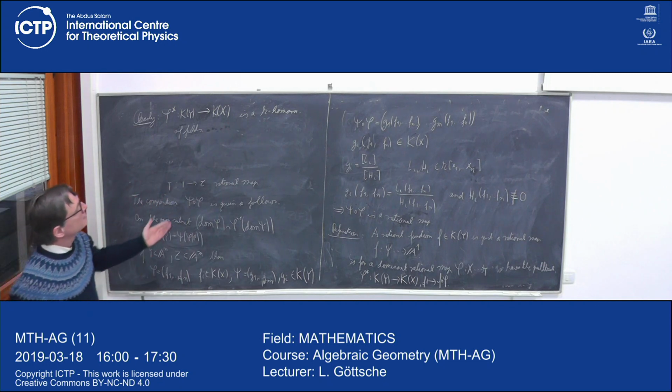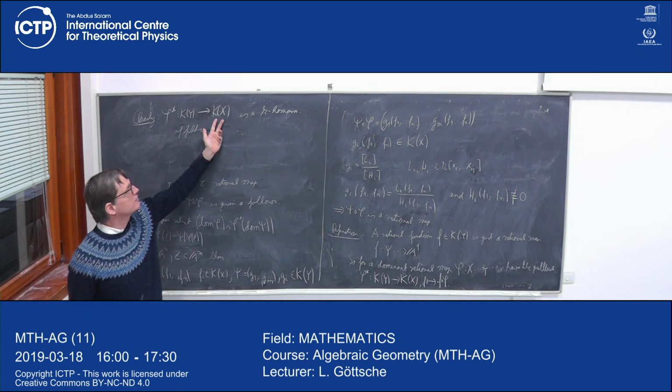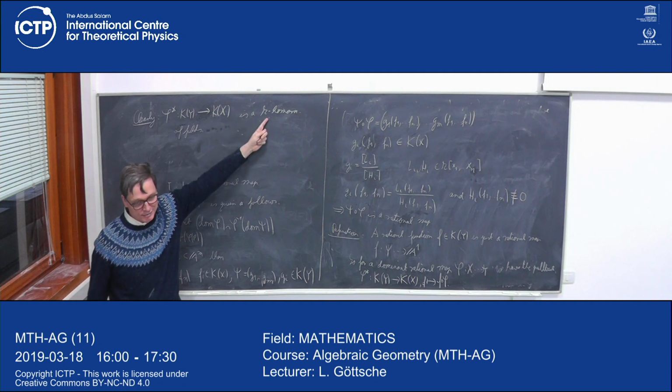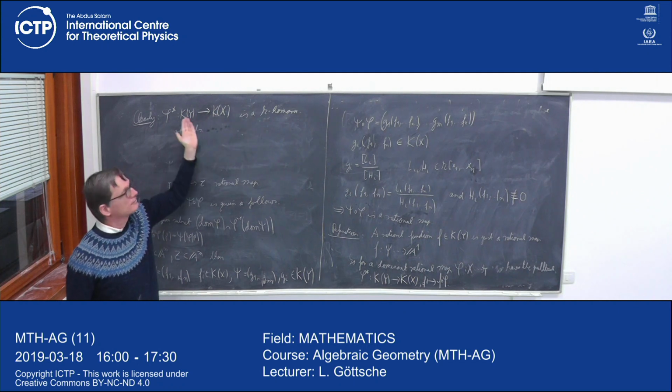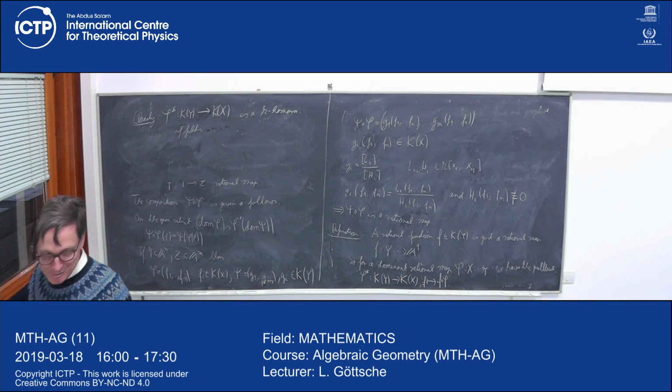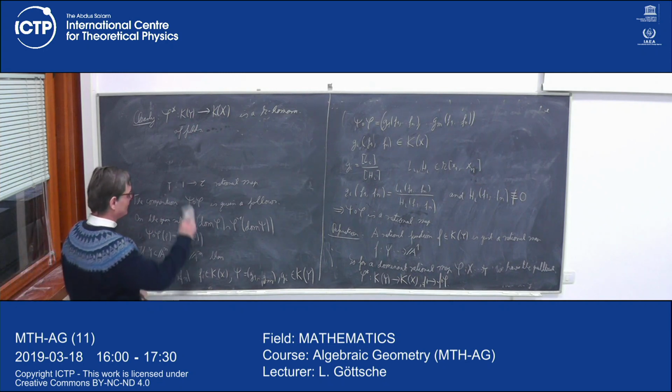So k(x) is some very big field extension of the field we had in the beginning, like we had in Galois theory, only our fields are a little bit bigger here.